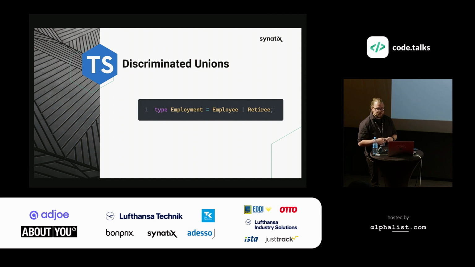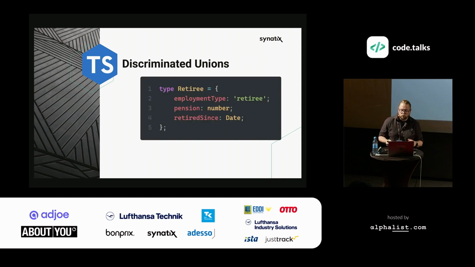In this small example, the employment can either be an employee or a retiree. And our retiree type looks like this. It has an employment type, which needs to be of type string, and the string needs to be retiree. So it's not just a string, it needs to be the string retiree. And then we have a pension property and a retired since property.